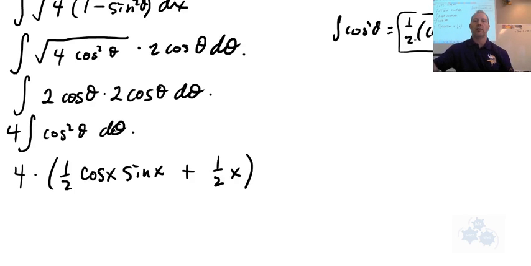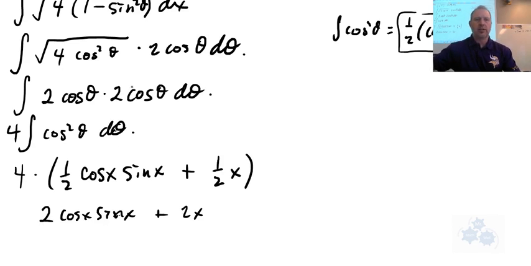I'm just distributing this 1/2 in there so I don't have too many things going on here. Now, 4 times 1/2 here is actually going to be equal to 2 cos x sine x plus 2x.